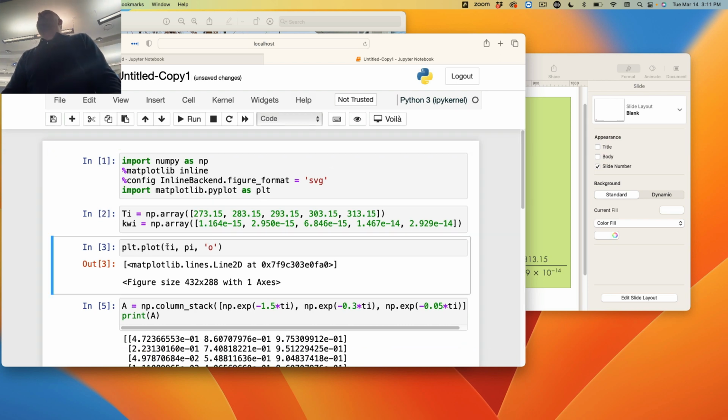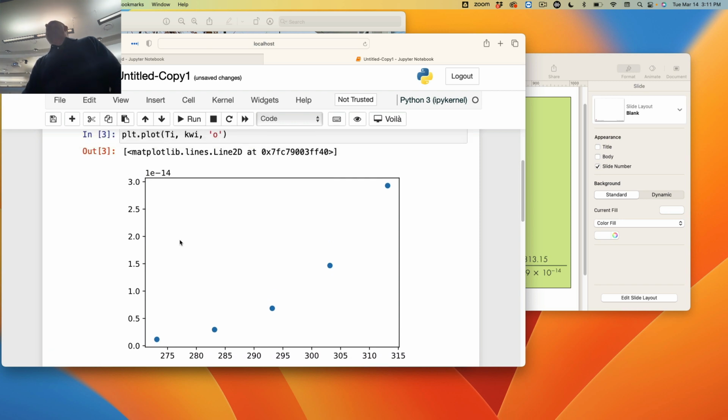First thing I'm going to do is plot the data. On the x-axis, I'm going to plot the temperature. On the y-axis, the ionic product. And it looks like some exponential. But look at how small the y-axis is, 10 to the minus 14. That's Kw. However, our model is minus log Kw. So we really need to plot minus log of Kwi on the y-axis.